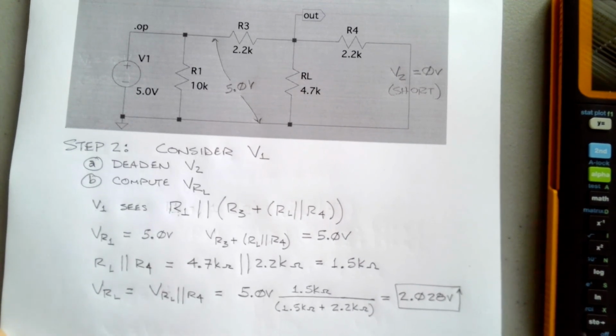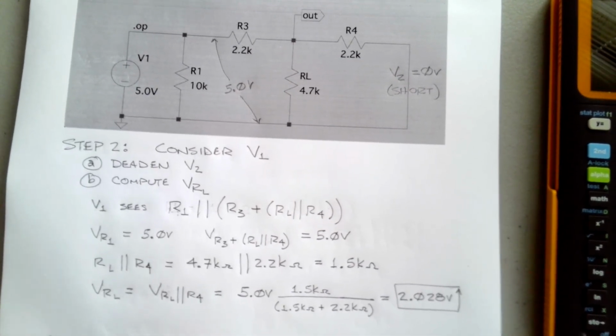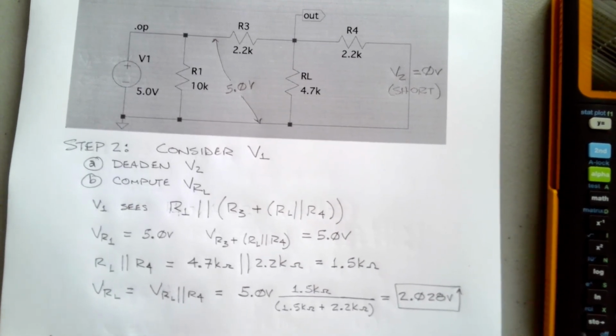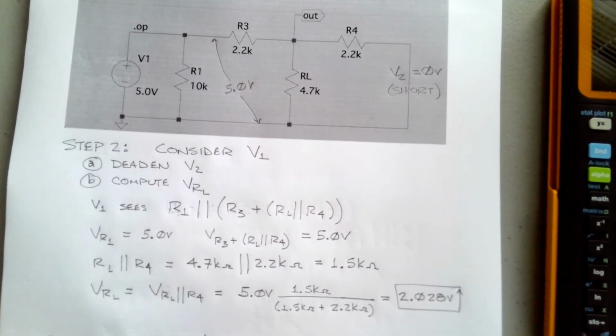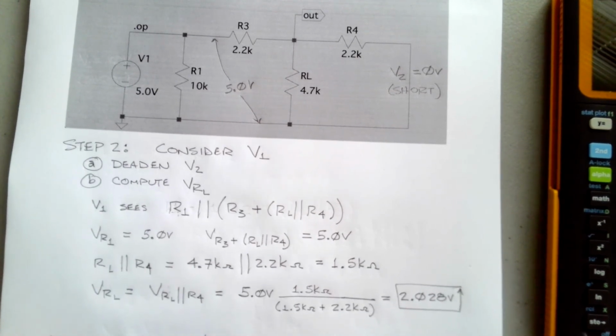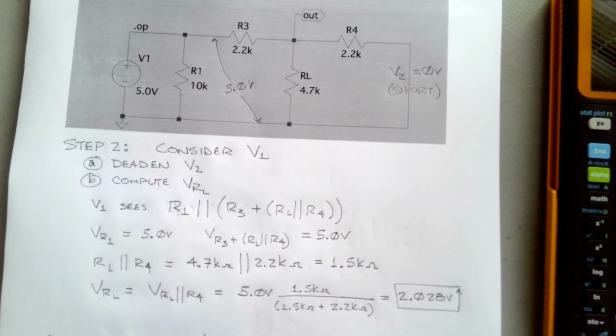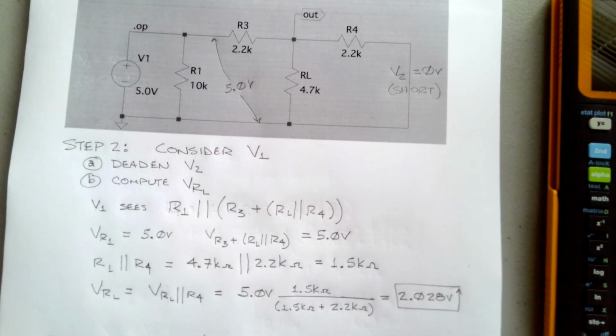And then VRL for the whole circuit, combining steps 1 and 2, VRL is going to be equal to 1.014 volts plus 2.028 volts, and that is going to basically give us 3.042 volts.